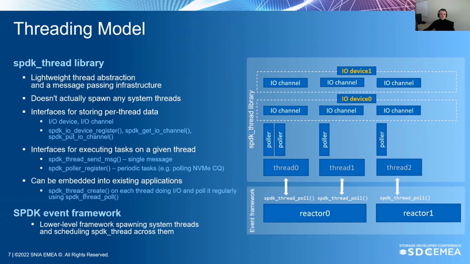One of them is the IO channel and IO device mechanism, which allows the users to store per thread data called IO channel that is also tied to some object called IO device. We also have interfaces for executing a task on a given thread. So you can use SPDK thread send message to execute a function on a given thread, while for periodic tasks such as polling an NVMe completion queue, you can use SPDK poller to register a function to be repeatedly called on a given thread.